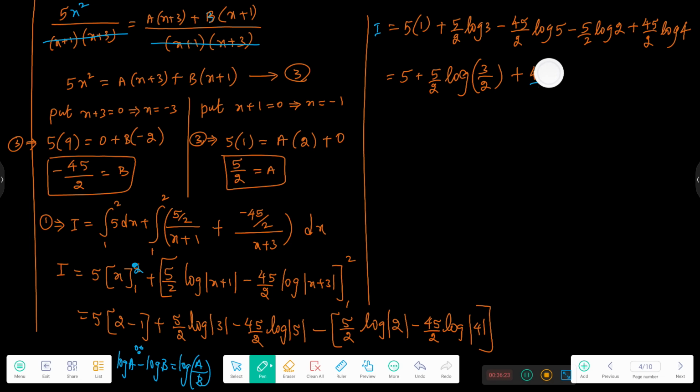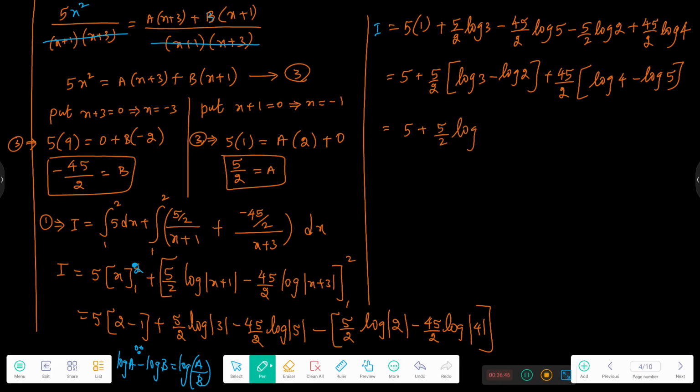If you understand this step, okay, or else one more step you do better: 5 by 2 if you take outside, log 3 minus log 2, and plus 45 divided by 2 if you take outside, log 4 minus log 5. Now you can do that. 5 plus 5 by 2 log 3 divided by 2 you will be getting. In the same manner here, 45 divided by 2 log 4 divided by 5 I am getting.